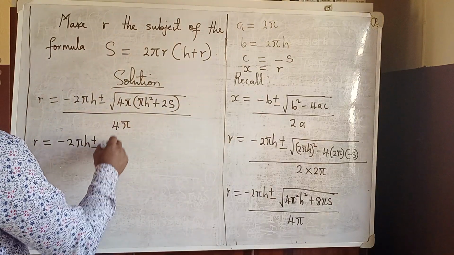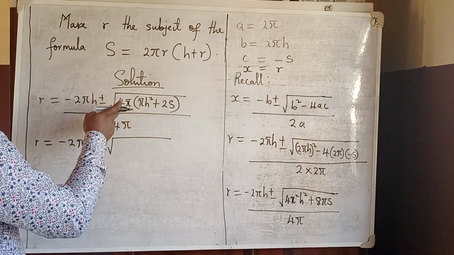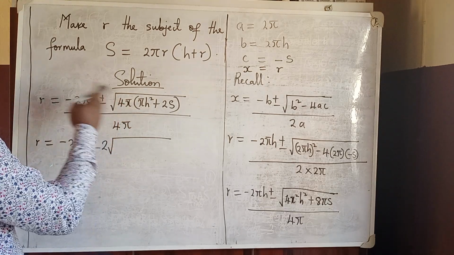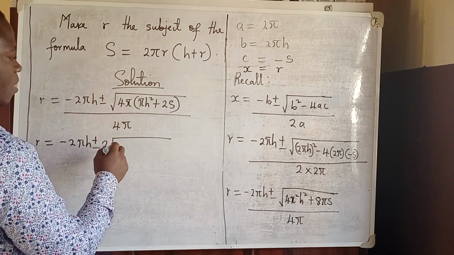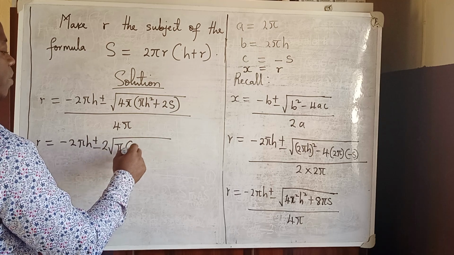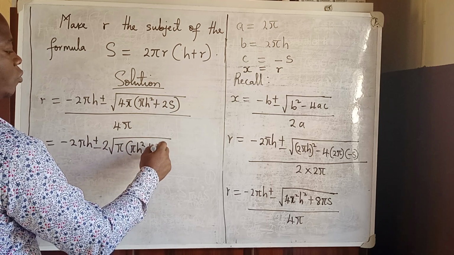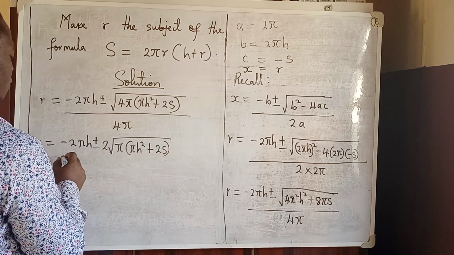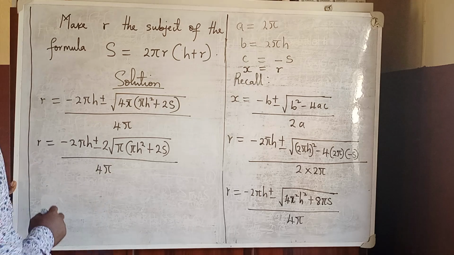So we have pi times pi h squared plus 2s, all over 4 pi.